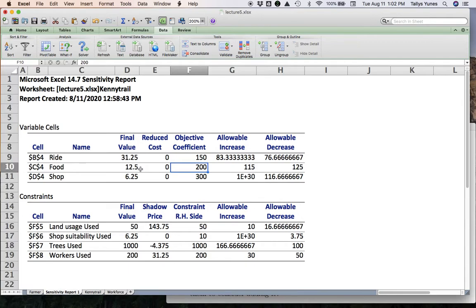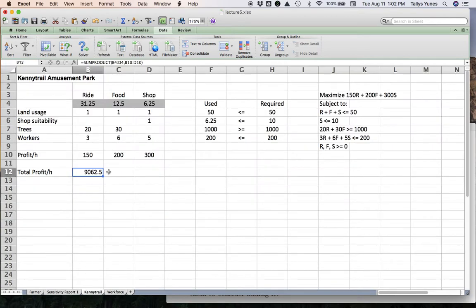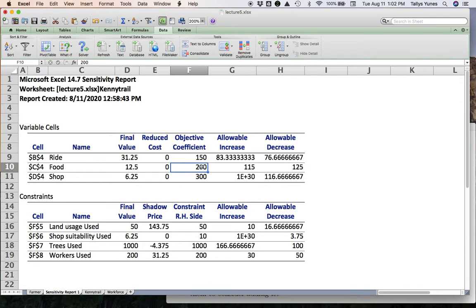So if I were to, and I don't have to do that, change this number here from 200 to 180 and go and click solve again, I would see a new profit that is this number here minus 250. And again, the 250 is coming from the minus 20 times 12.5, because I lose $20 12.5 times. All right, great.